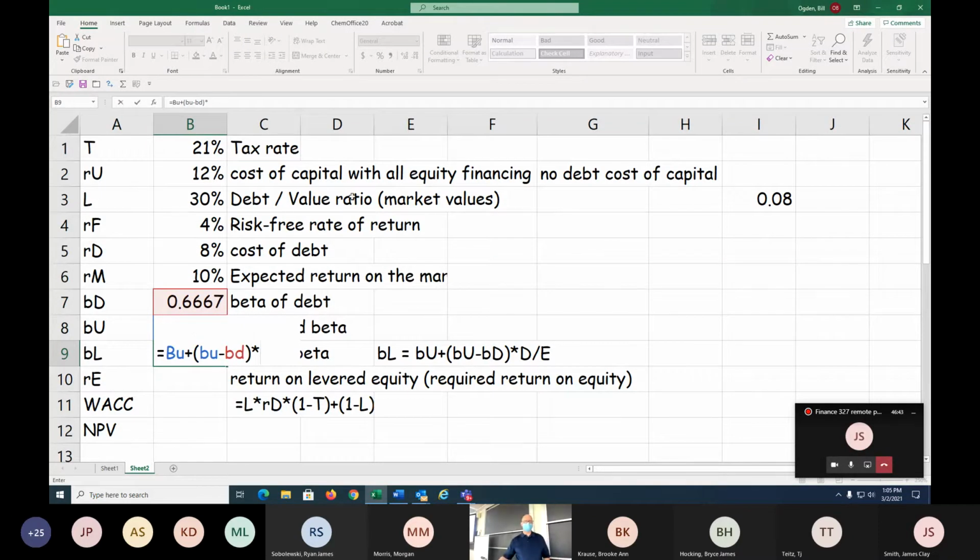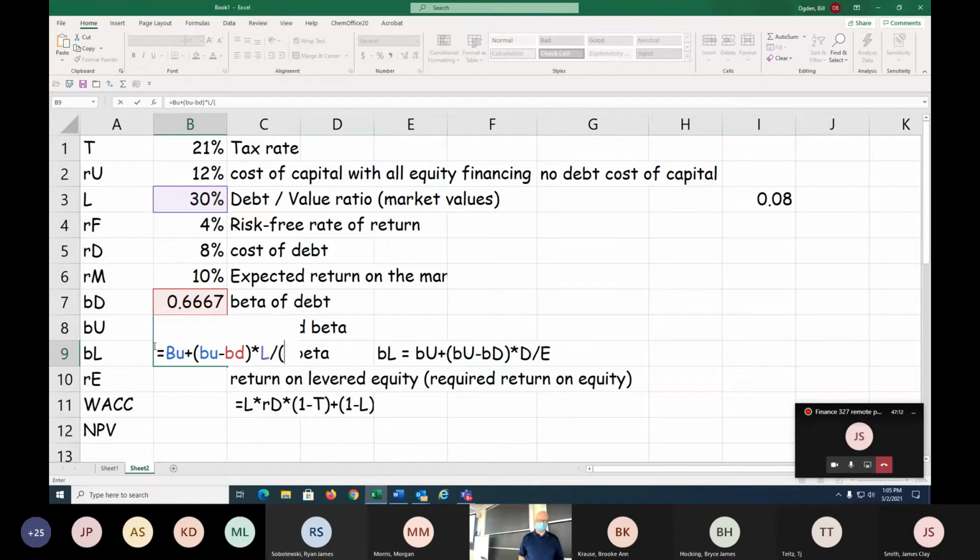L means leverage, debt to value ratio. So if debt is 30% of value, then that means equity must be 70, right? Or 1 minus that. So here's what we'll do. Times the L. I'll capitalize so it looks the same. Oh, look at that. I uncapped it. L divided by, so I want debt to equity.